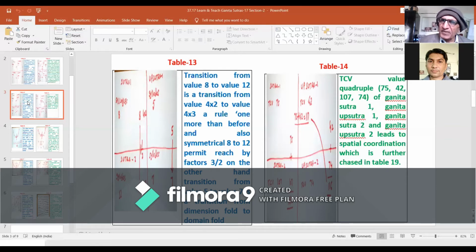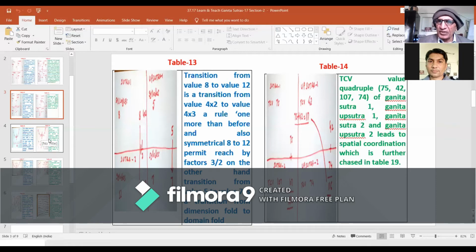This table as such deserves to be read along with table 19, where the organization of these quadruple TC values are taken along the 4 dimensions of the creator's space, and the center, which is a seat of transcendental domain, is also considered, which leads to the transcendental mantra Om Namah Shivaya of value 63.